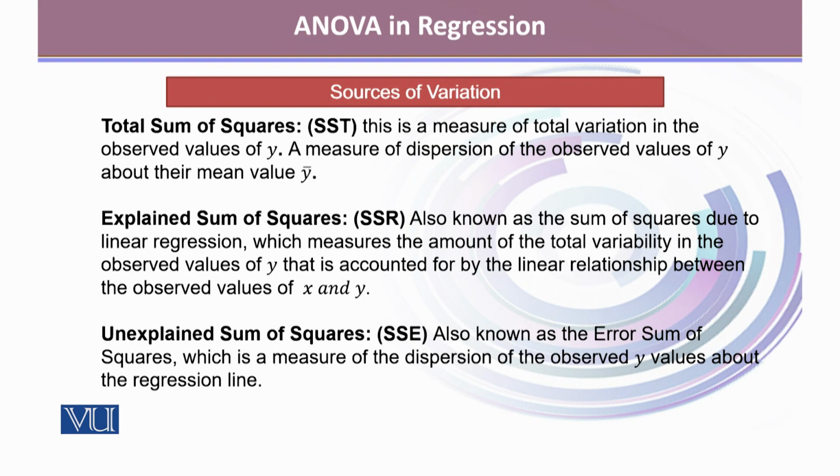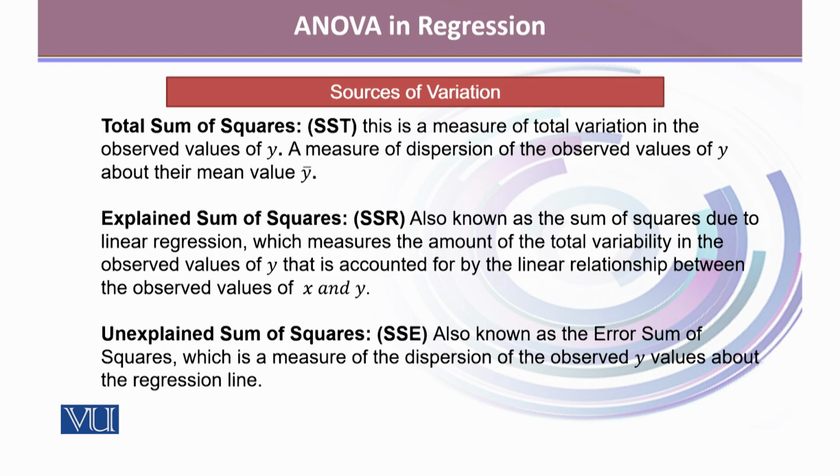These deviations can be stated as sums of squares. First, we have the total sum of squares, abbreviated as SST. This is a measure of total variation in the observed values of y. It's a measure of dispersion of the observed values of y about their mean value, y bar.